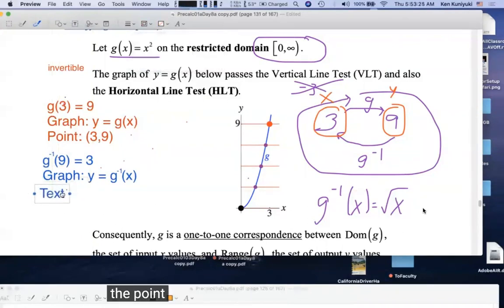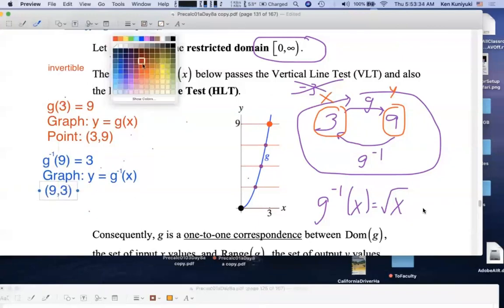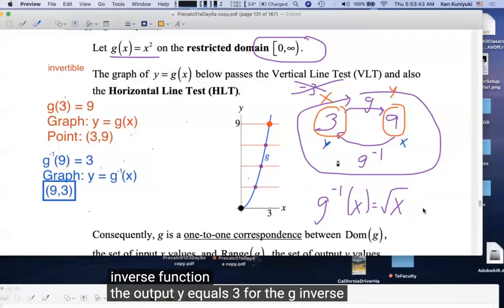The point 9, 3. Because this time, if the input x equals 9 for the g inverse function, the output y equals 3 for the g inverse function.